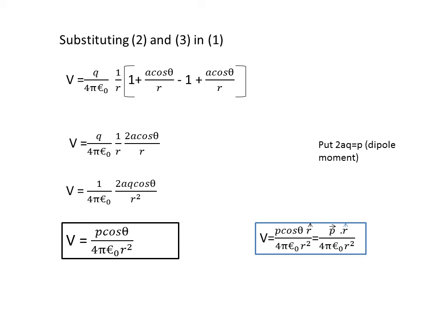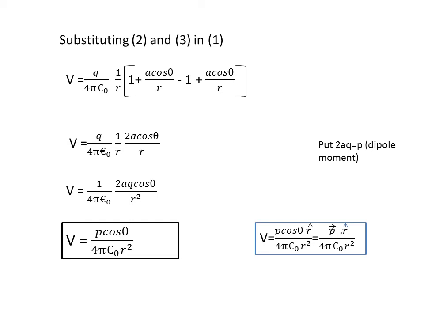So this is the equation for potential due to a dipole at a point P, where r is the distance from the center of the dipole to point P and theta is the angle between direction of the dipole and the line r. So this is the equation for V. Now let us try to write this equation in the vector form.